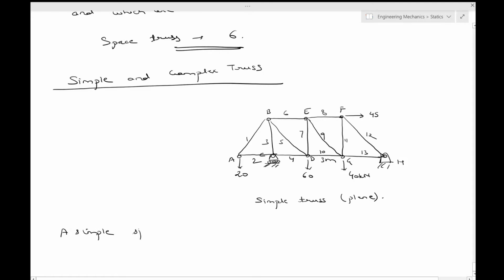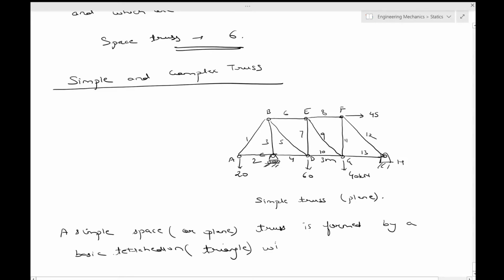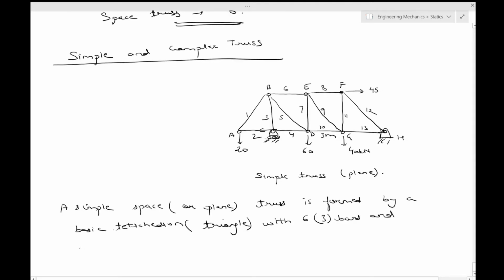A simple space or plane truss is formed by a basic tetrahedron in space and triangle in plane with 6 or 3 bars and 4 or 3 joints, which is just rigid.